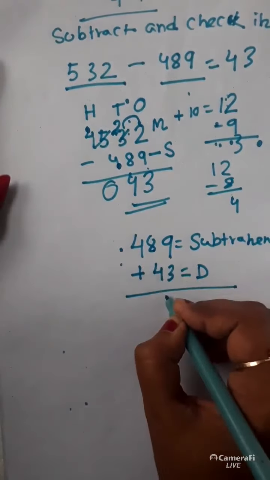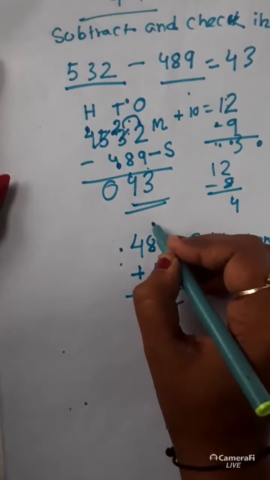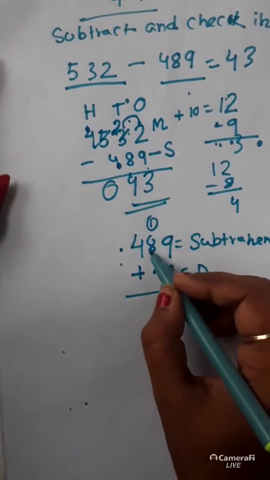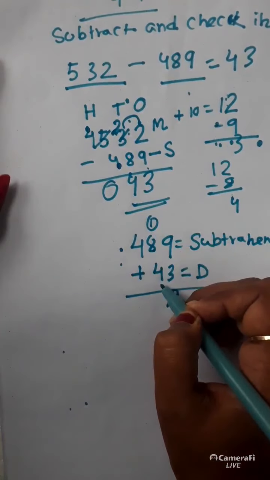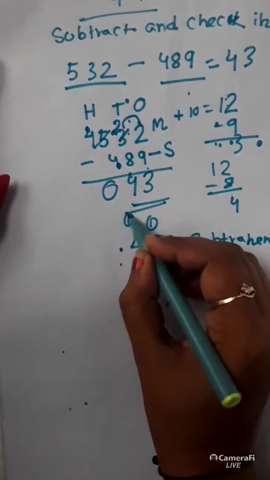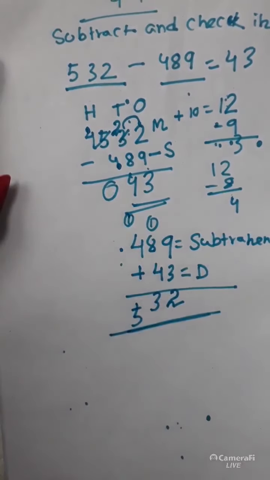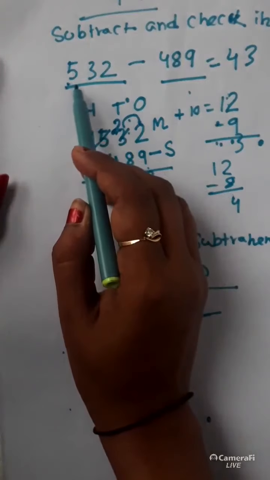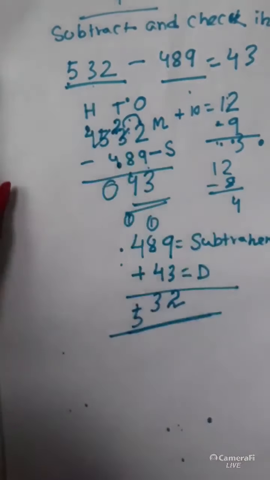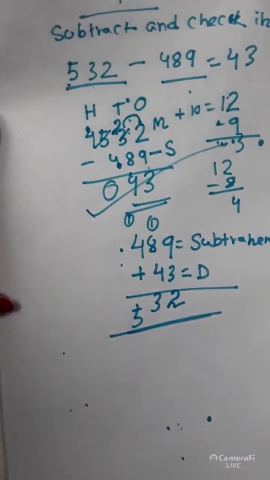So 9 plus 3 is 12, 2 I have written, and 1 will be carried over. 8 plus 1 is 9, plus 4 is 13, 3, and 1 will be carried over. So 4 plus 1 is 5. You see, 532, which is the minuend part. So this sum is fully correct.